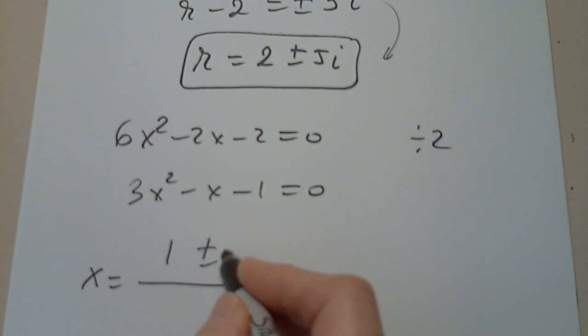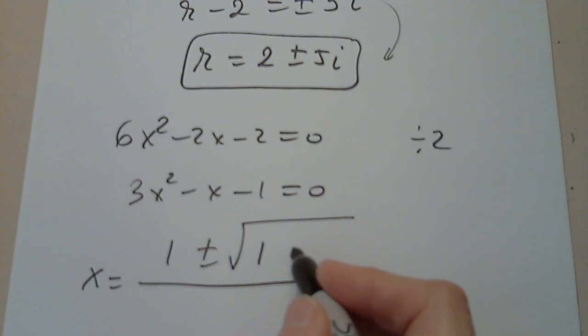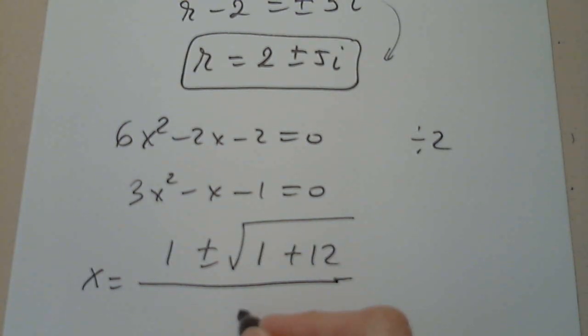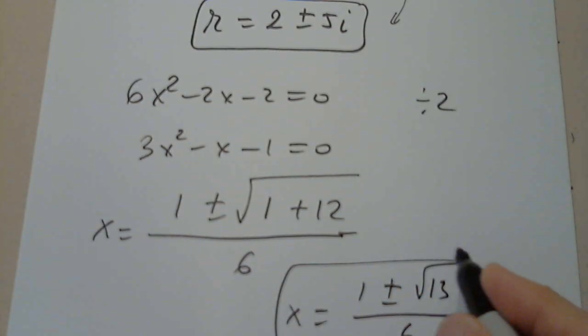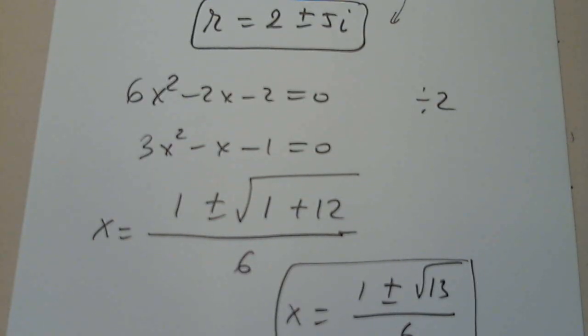Negative b plus or minus the square root of b squared minus 4ac over 2a. And this is it, meaning 1 plus or minus the square root of 13 divided by 6. So again, this is a 2-minute problem maybe.